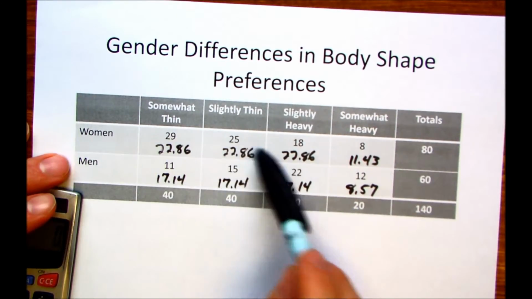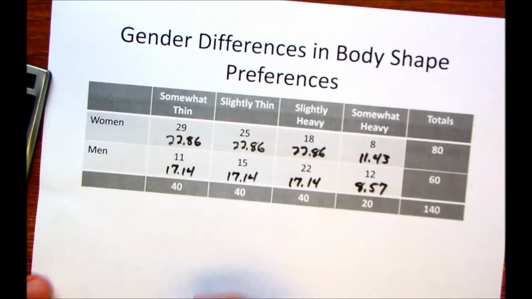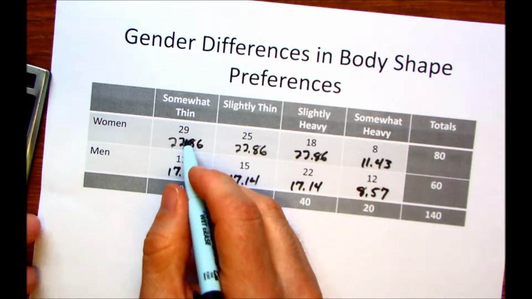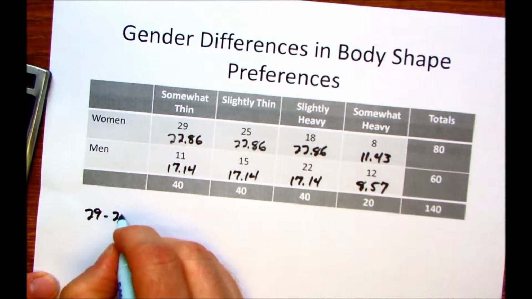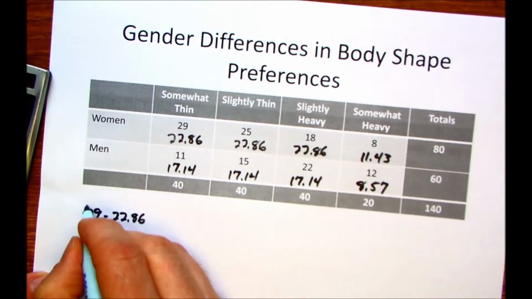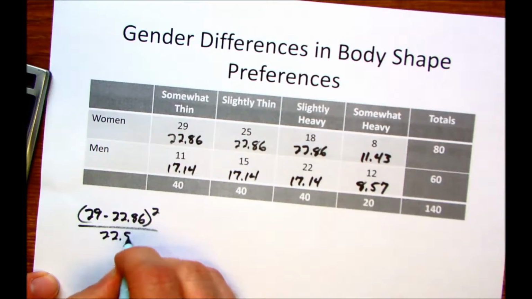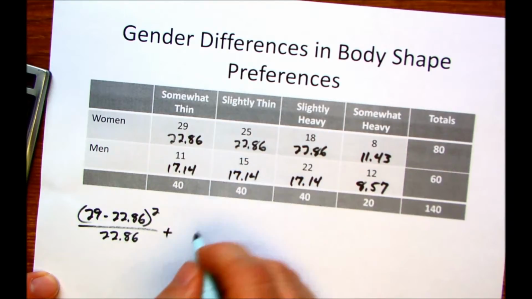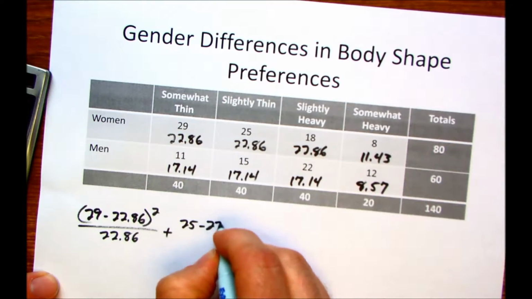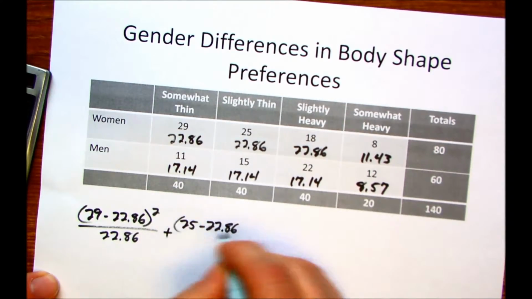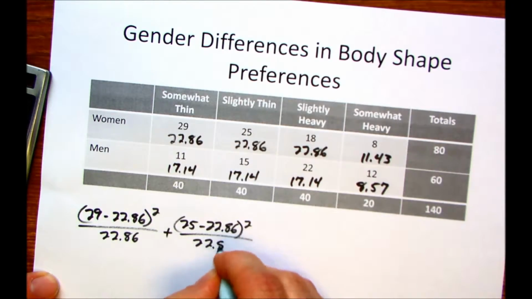Now we just have more cells to add up. For our chi-square, this part's the same as what we've always done: observed minus expected, square that, divided by the expected frequency. Plus, now we move on to this cell: 25 minus 22.86, square that, divided by 22.86.